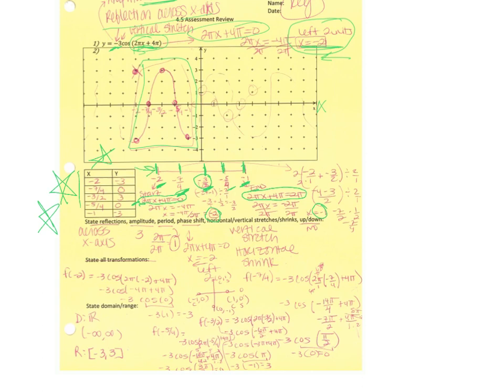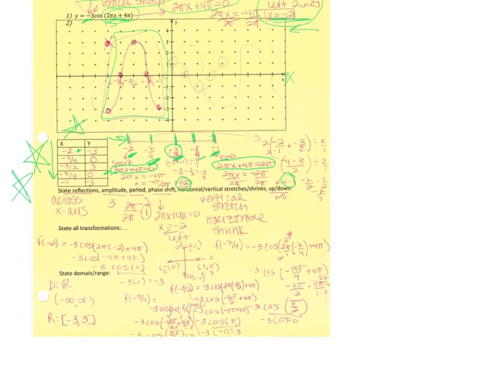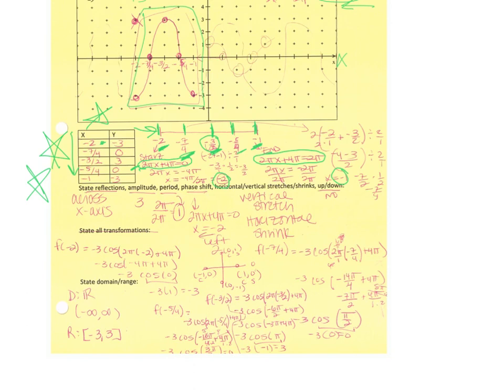You put those values in the x column, and then you plug them into the function and do order of operations. So let's watch what happens when we plug in -2 for x. Over here, I plugged in -2 for x.